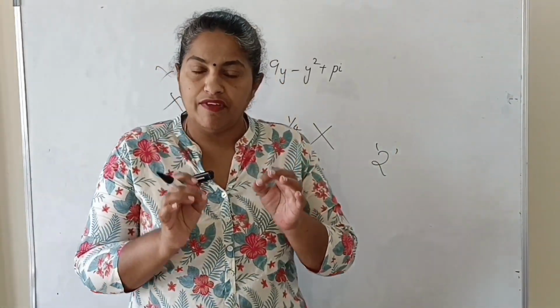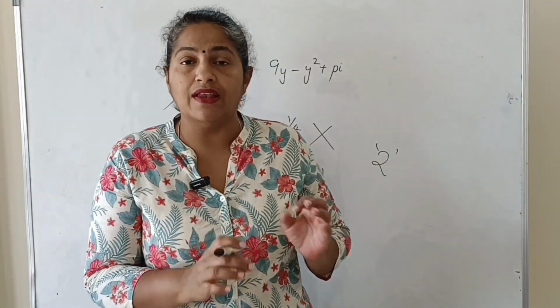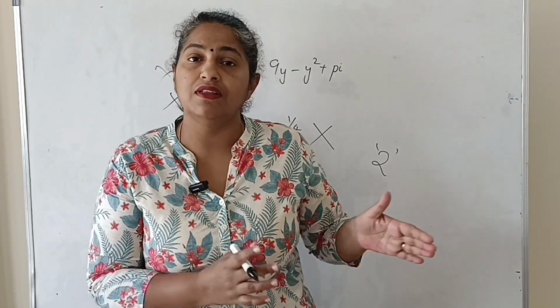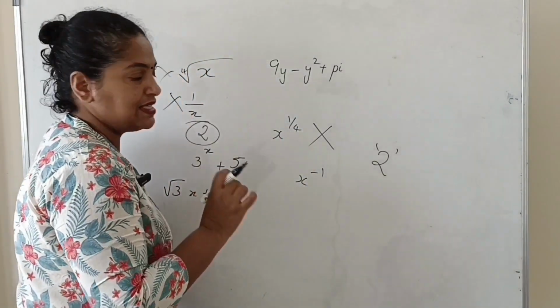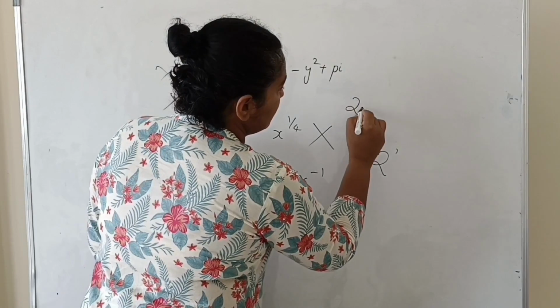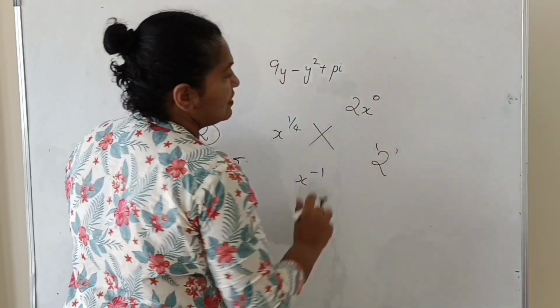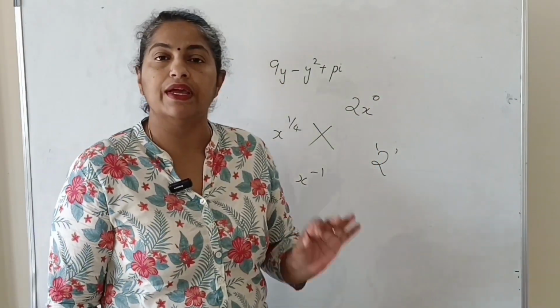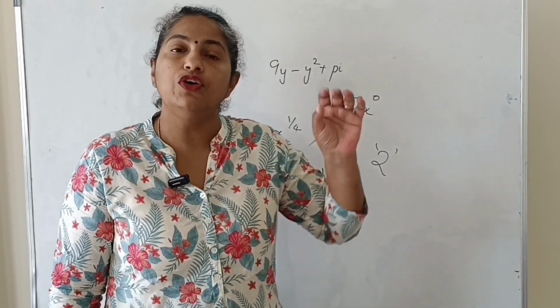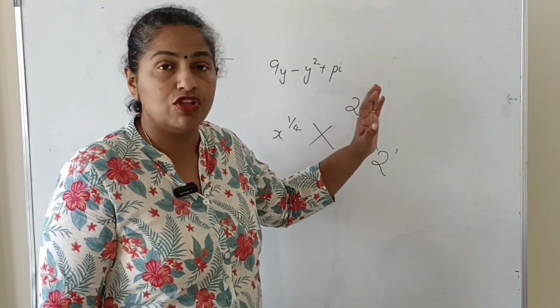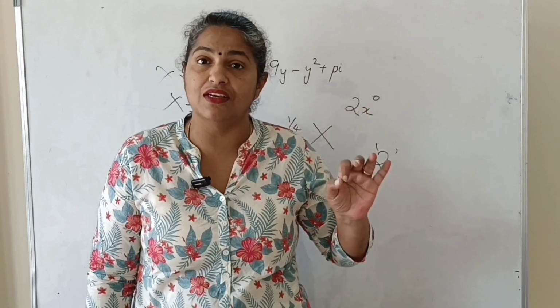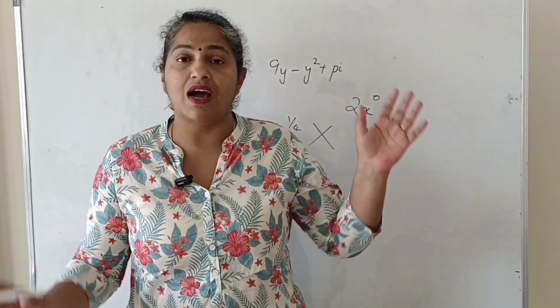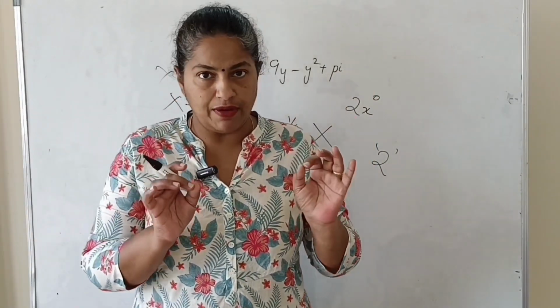Now when there is only a constant and somebody is asking you to identify whether it is a polynomial or not, you need to understand that 2 can be represented as 2 into x raised to 0. x raised to 0 is 1. So you have a variable standing next to the constant whose power is 0, and 0 comes under the ambit of whole numbers.